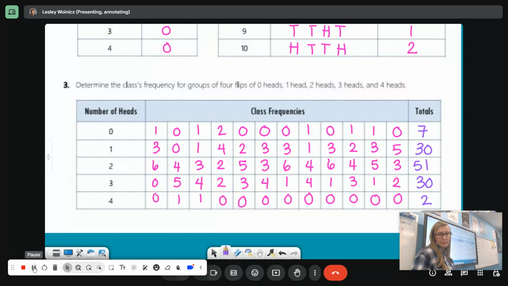Okay. Isn't that interesting? Anyone want to share any observations before we flip?